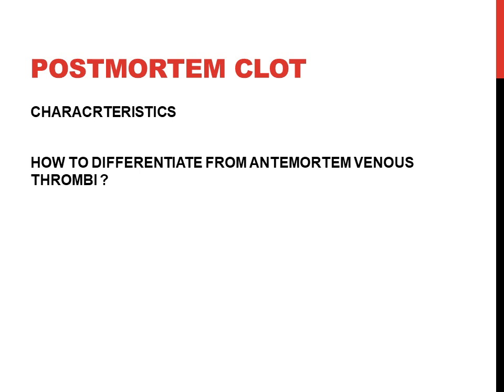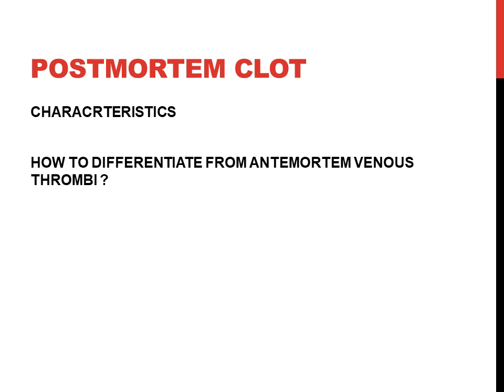So these are the three important differences of the postmortem clot from the antemortem or venous clot. Antemortem venous thrombi contain the lines of Zahn, and the lines of Zahn are not present in postmortem clots. Second, postmortem clots are not attached to the vessel wall, while antemortem venous thrombi are attached to the vessel wall.